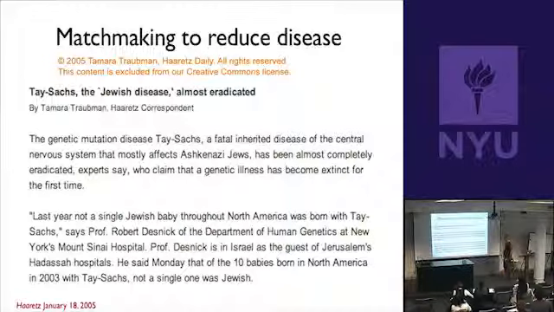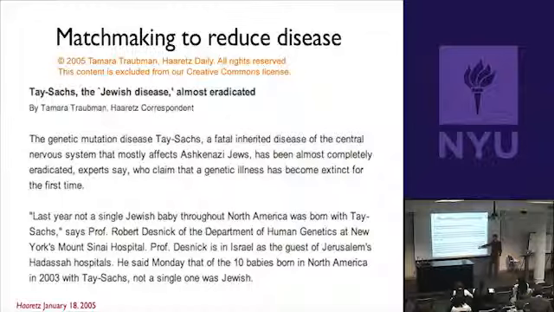Okay? And so in 2005, for example, not a single Jewish baby throughout North America was born with Tay-Sachs. Okay? And so if you compare that to the probability of a baby being born with Tay-Sachs if there wasn't this kind of effort going on, that's a huge, huge difference. Okay? And there would even be some advantage to expanding the screening to everyone, right?